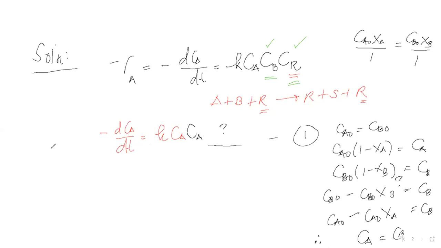You can always go back to this, like this one. C0 minus... C0 equals C sub A plus C sub R. You have C0 is equal to C sub A plus C sub R. C sub 0 should be C sub AO, C sub BO plus C sub RO.